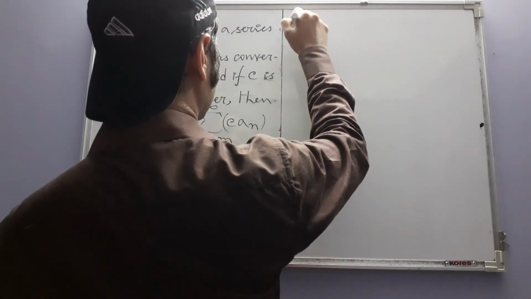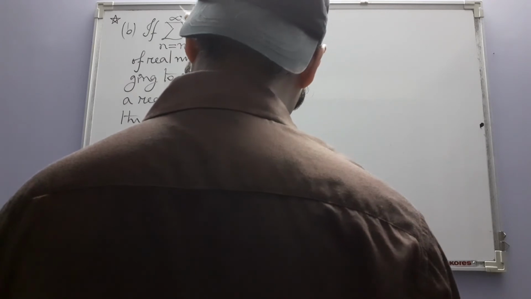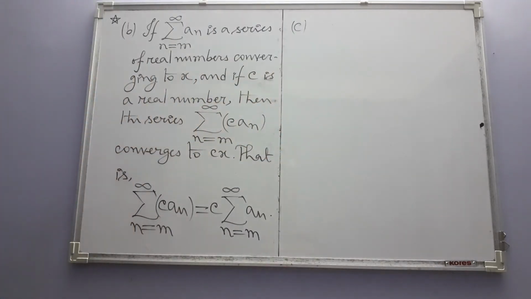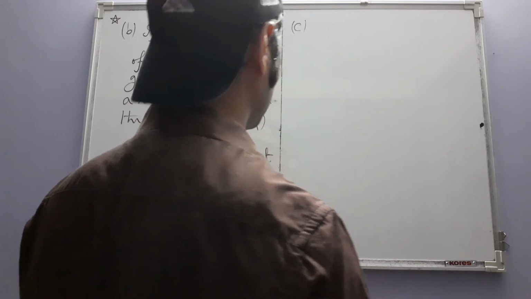Next, part C. Part C involves one series and the other series obtained by removing some terms.